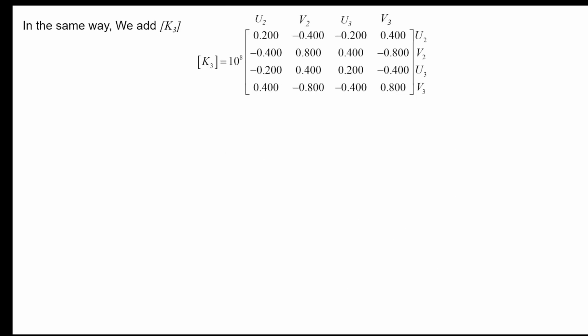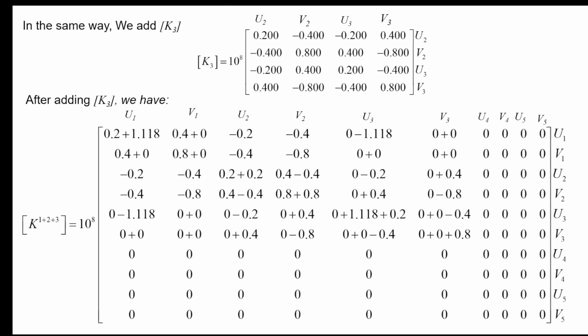In the same way, we go and do it for member 3. When we pick the stiffness matrix for member 3, for example this first component, it is U2, U2. So where is U2, U2 here? This is U2 in the vertical, U2 in the horizontal is here. So that is how we add this 0.2.